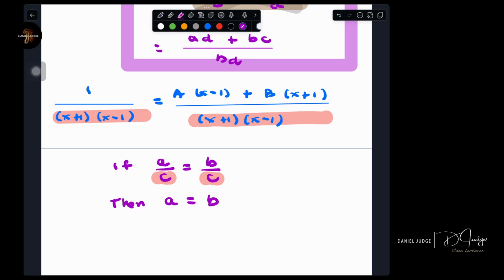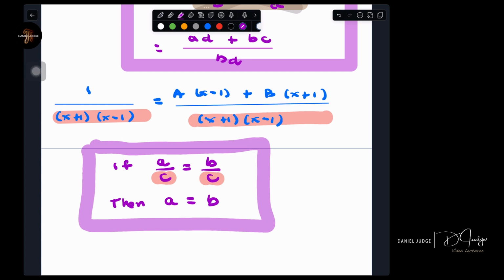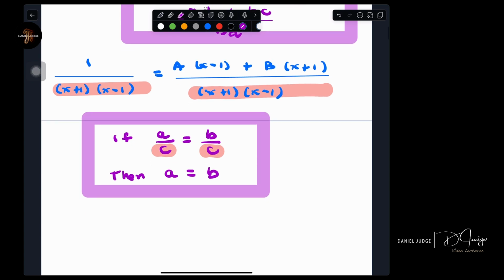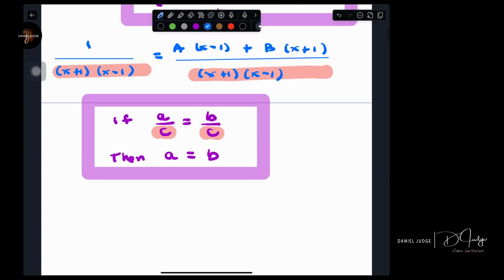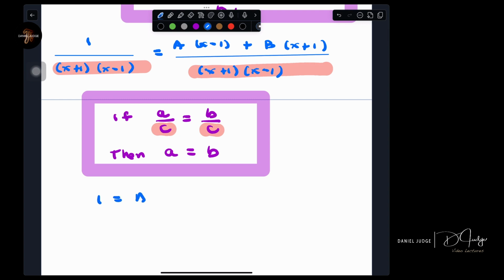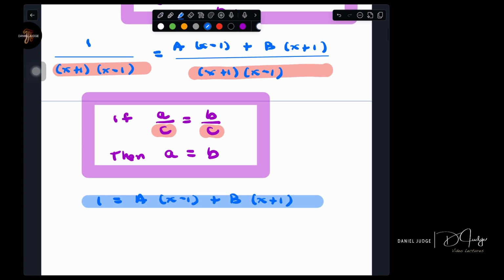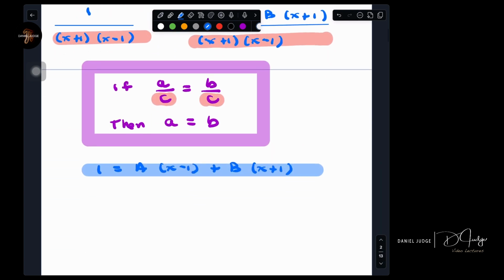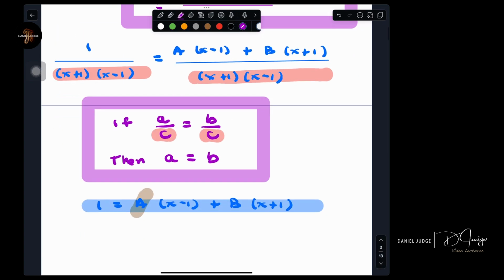B. So what you end up with is this equation that 1 will equal A times x minus 1 plus B times x plus 1. This is going to be what we use to determine the constants A and B. So that's the idea behind partial fraction decomposition. We need to know the constants A and B here.